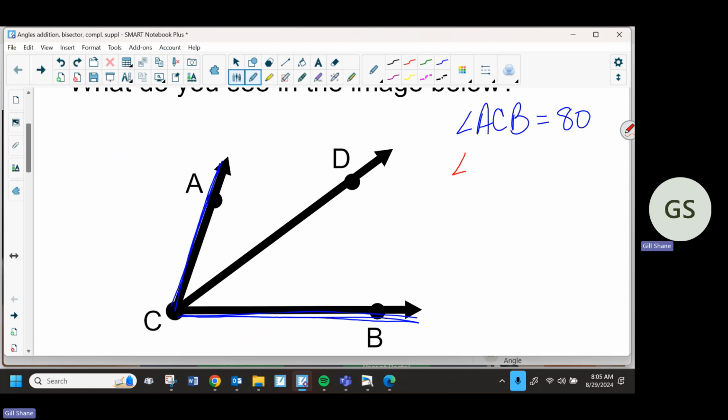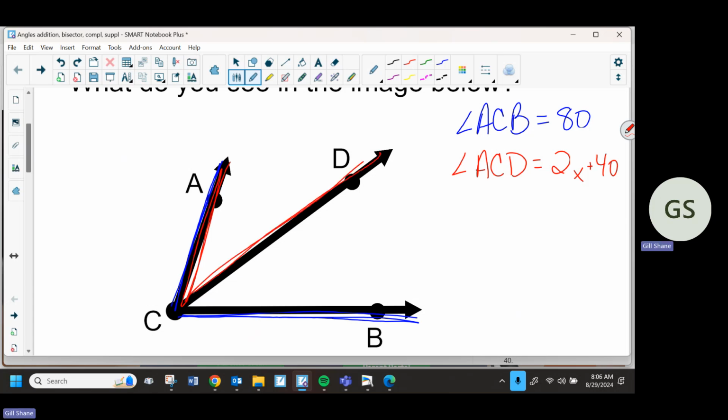Angle, and you're kind of seeing how I name angles while I do this, and then we'll go over naming. Angle ACD equals 2x plus 40.